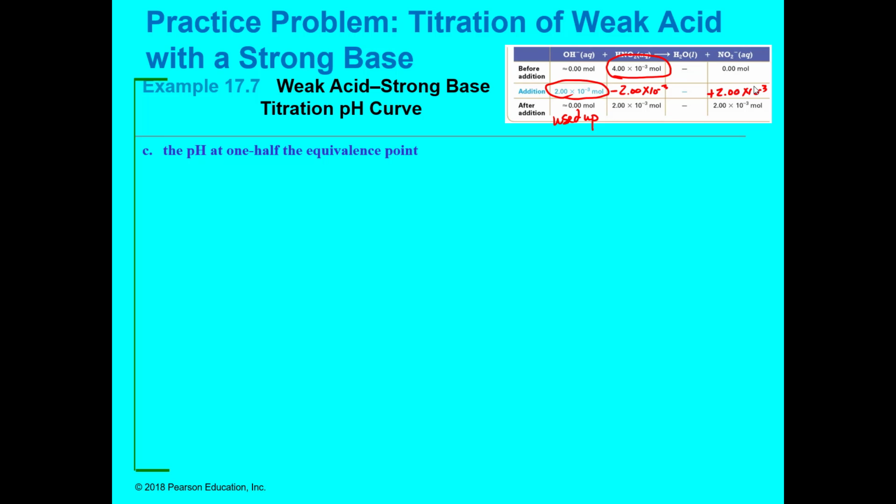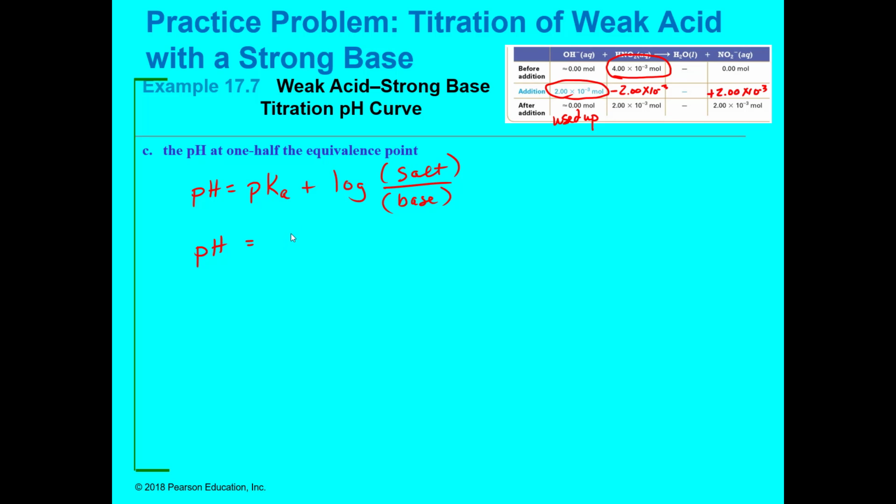Okay. And so at 1/2 the equivalence point, I've got, they're going to be equal, right? So the pH is equal to pKa plus the log of the salt over the base. Remember I've got pKa's, okay? So that's why I can do it this way, even though it's a base problem.